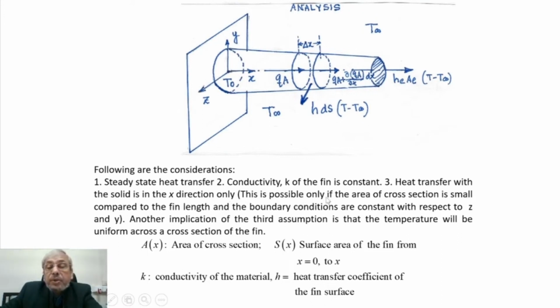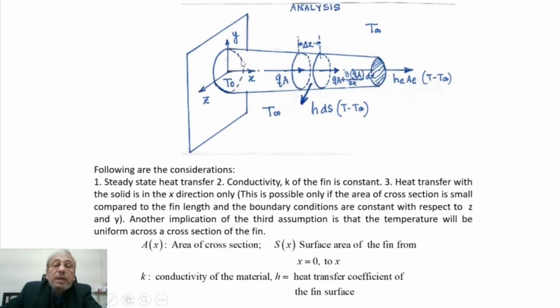This is possible only if the area of cross section is small compared to the fin length and the boundary conditions are constant with respect to z and y direction. That means boundary conditions are the same around the periphery.